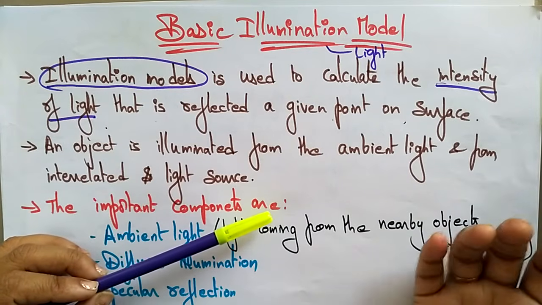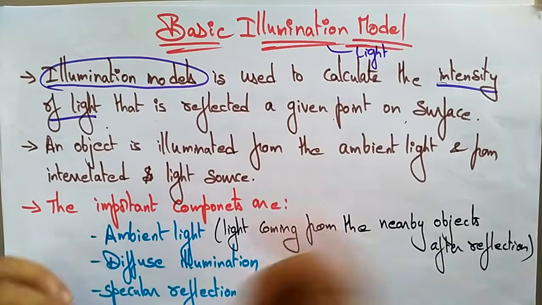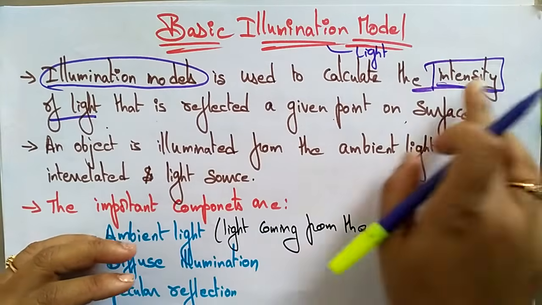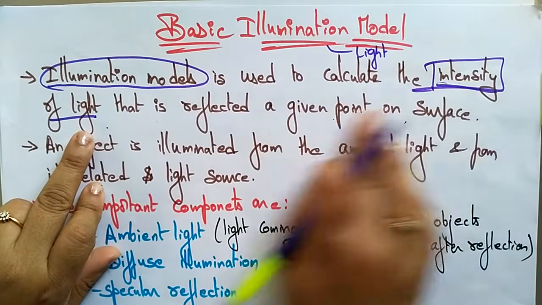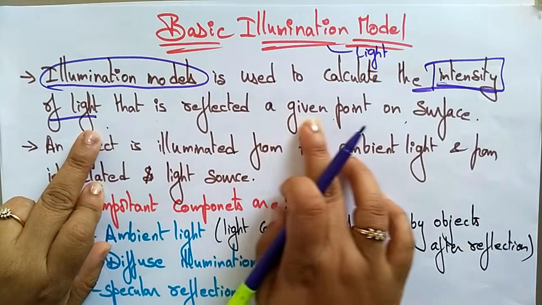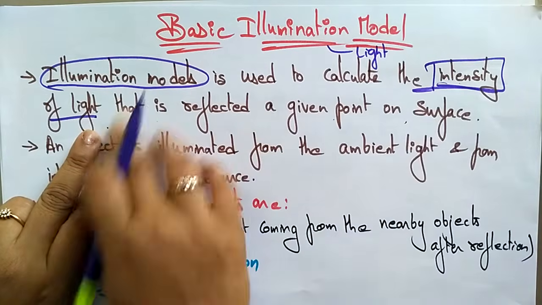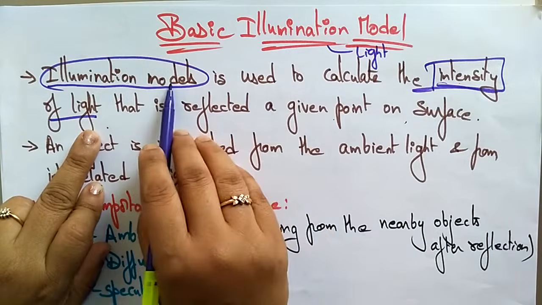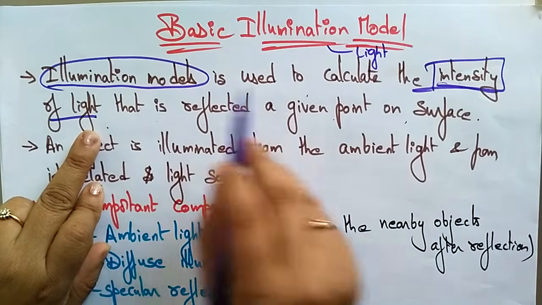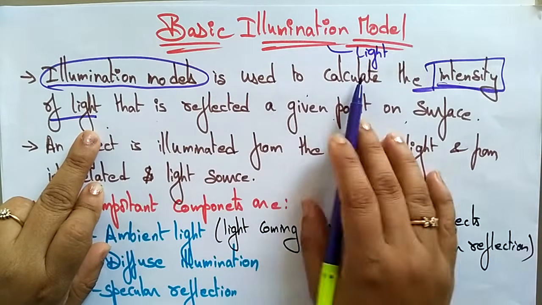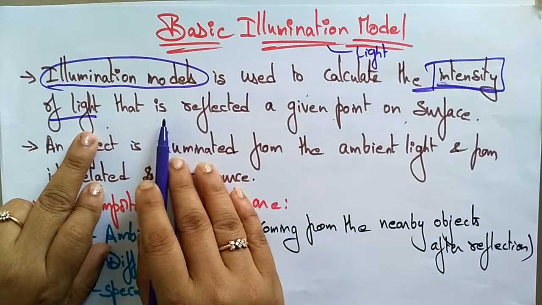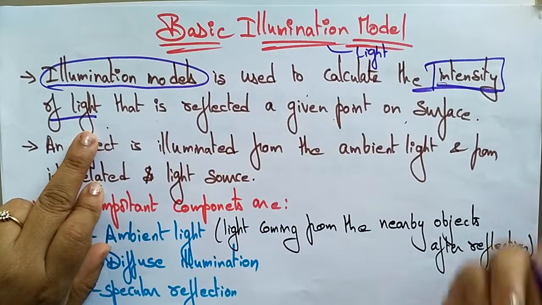The force or the brightness, everything you call intensity. The intensity of the light that is reflected at a given point on a surface is what the illumination model gives. Different models are present, and those models are used to calculate the intensity of the light that is reflected at a given point on a surface.